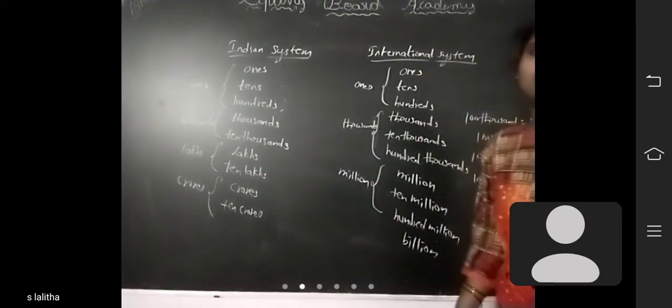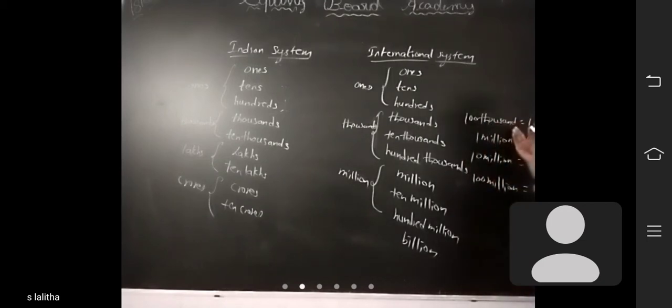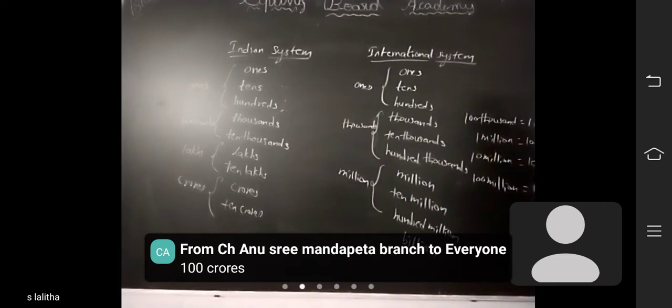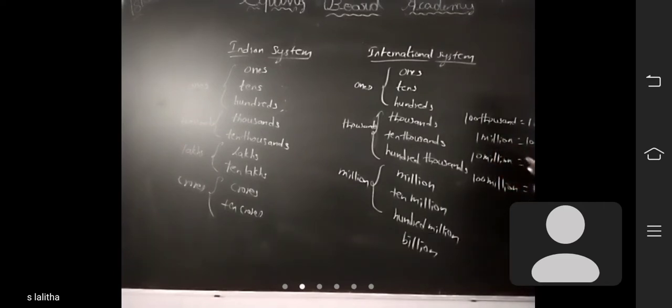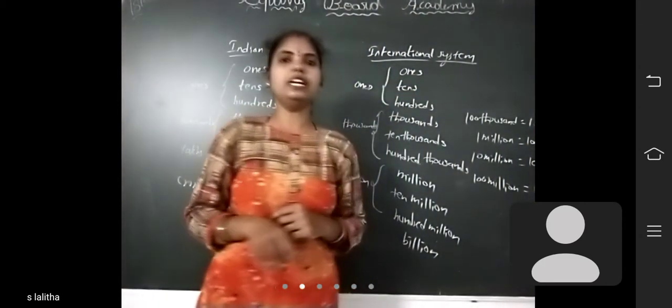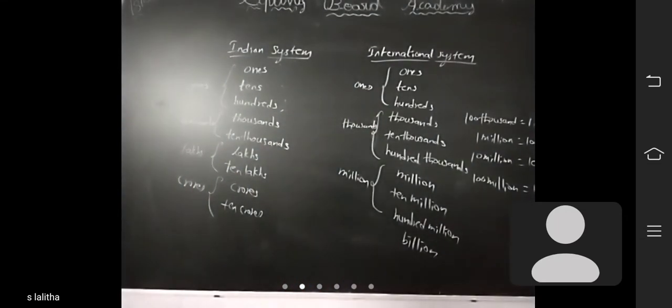Did you understand now what the difference is between the Indian system and the international system? 100,000 is equal to 1 lakh. 1 million is equal to 10 lakhs. 10 million is equal to 1 crore. 100 million is equal to 10 crores. 1 billion is equal to 100 crores. Did you understand the difference, children? Any doubt?